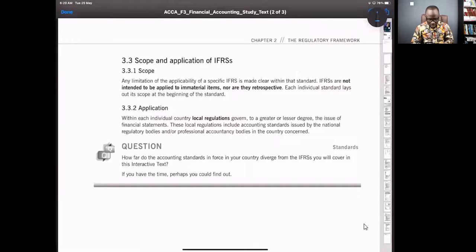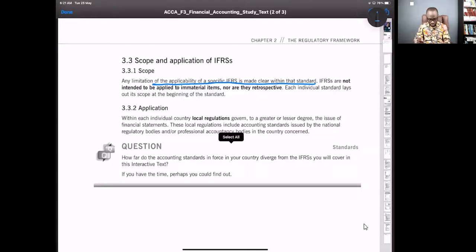Right, so the next thing we want to look at is the scope and application of IFRS. Any limitation of the applicability of a specific IFRS is made clear within that standard. IFRS are not intended to be applied to immaterial items, nor are they retrospective. Each individual standard lays out its scope at the beginning of the standard. You're going to be looking at this later on, but when you pick every standard, you see the objective of the standard, then you see the scope of the standard: what the standard covers and what it doesn't cover.